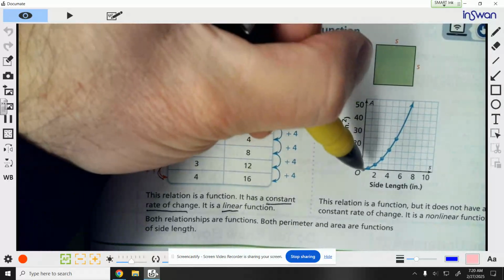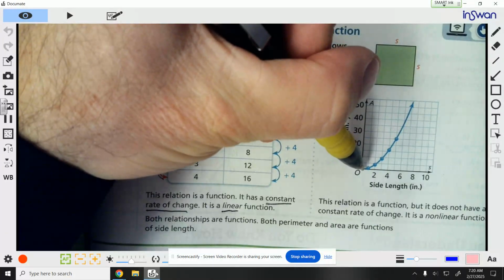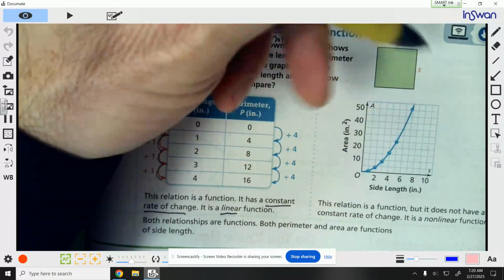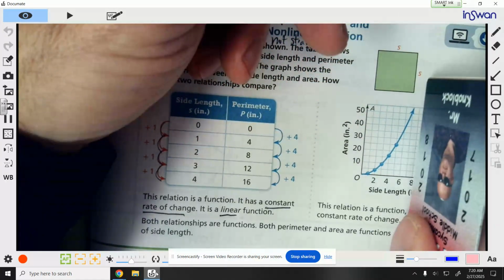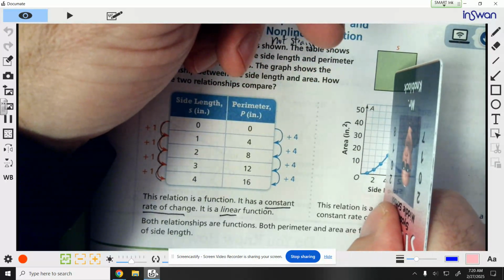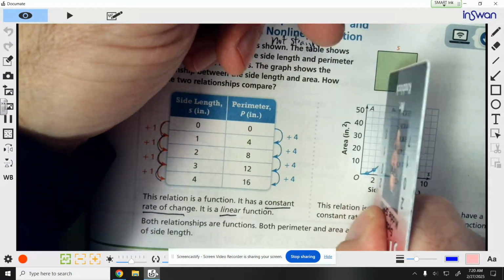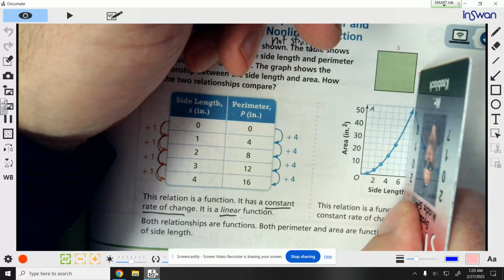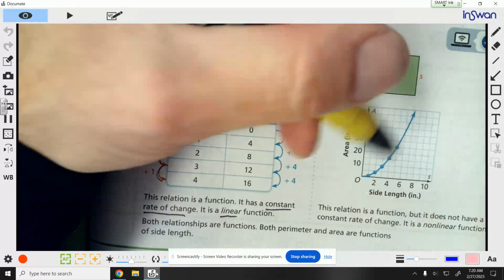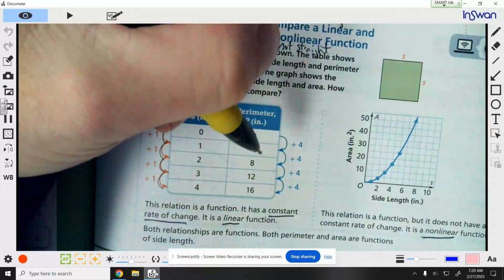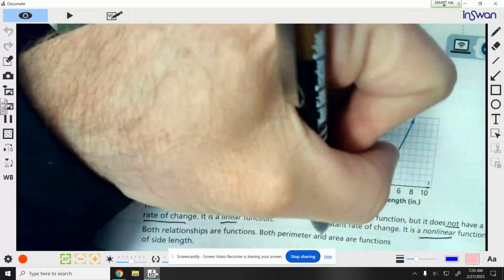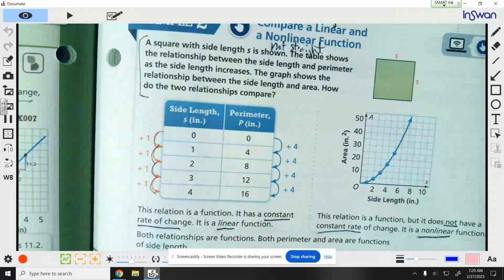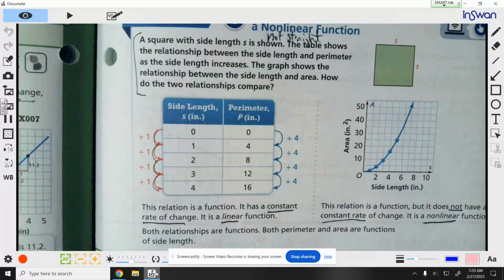If we look over here, we see this is not a constant rate of change, but it does pass the vertical line test because, again, I can take an object, I can hold it anywhere on that graphed image, and it's never going to intersect that graph more than once. So it is a nonlinear function, okay? And a nonlinear function means it does not have a constant rate, okay? But they are both functions.